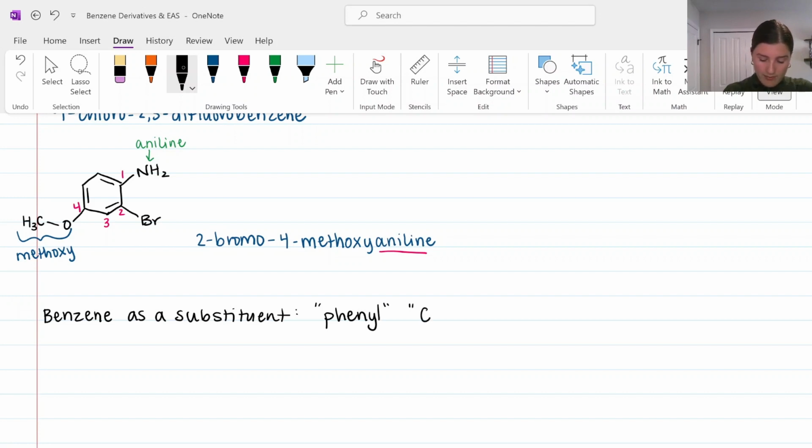Sometimes this is abbreviated as C6H5, because that's what the substituent has as far as atoms go. So an example here is diphenyl ether.